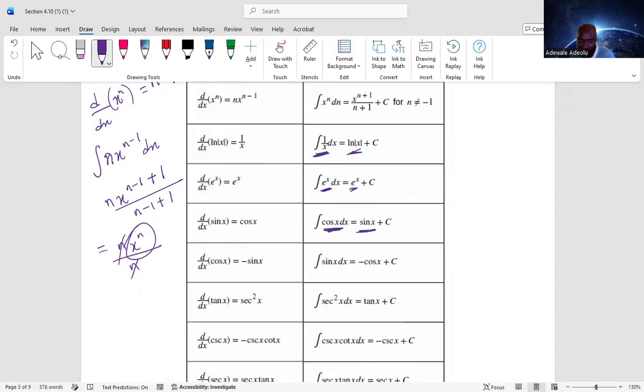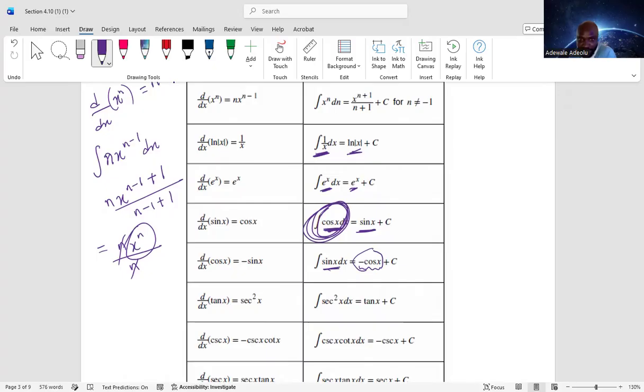All you need to do is ask yourself, what is that function, such that when I take its derivative, it is going to be this, cosine of x? And that is sine of x. Again, here, look at it. What is that function, such that if I take its derivative, it is sine of x?